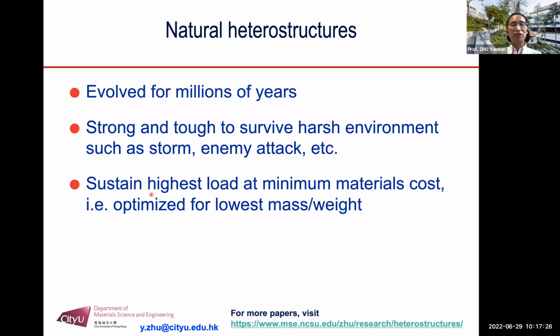And in addition, such heterostructure can sustain the highest load at a minimum material cost. When you use the least material, it gives you better performance. Again, that helps the animals and the plants to survive.